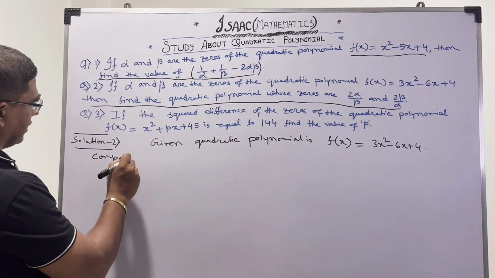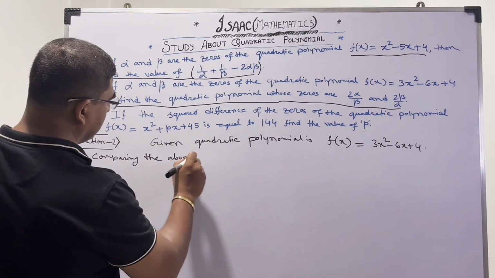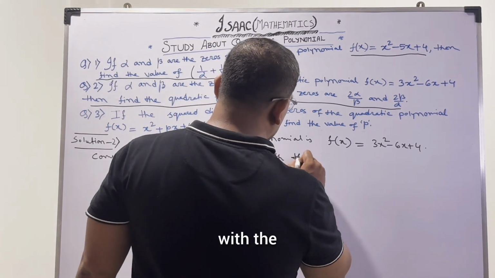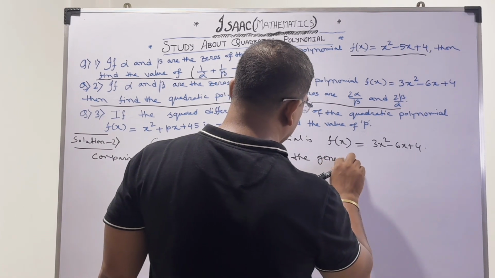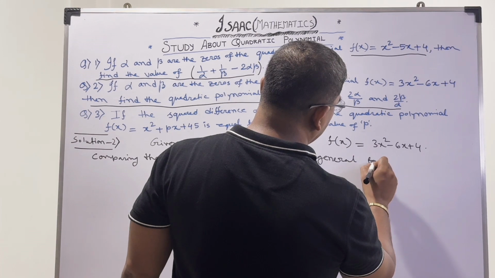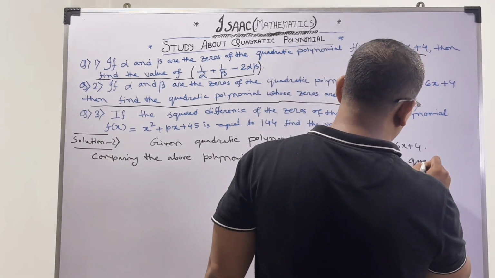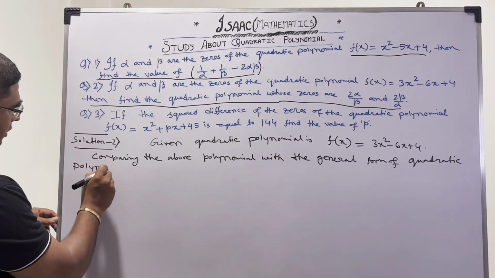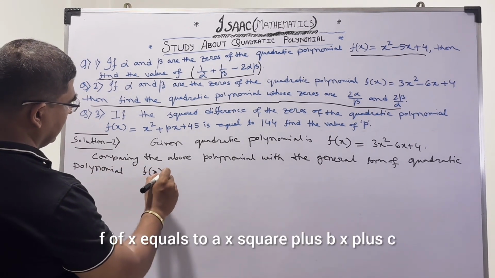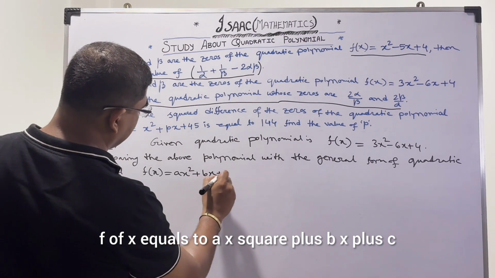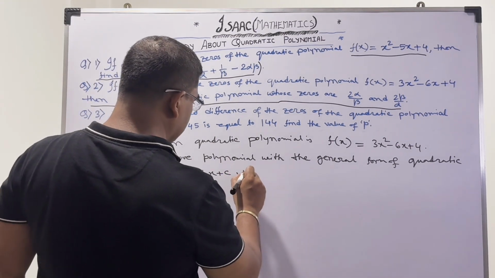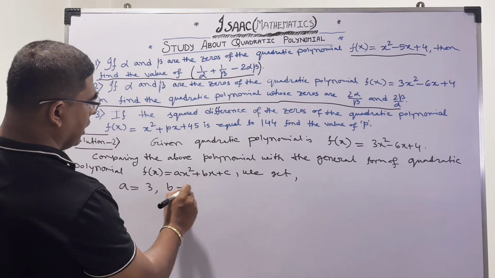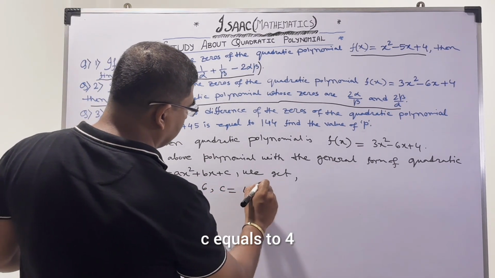Comparing the above polynomial with the general form of quadratic polynomial f of x equals ax square plus bx plus c, we get a equals 3, b equals minus 6, c equals 4.